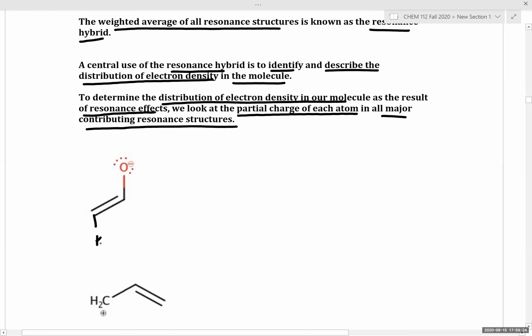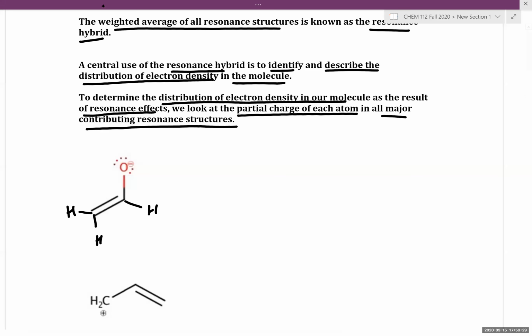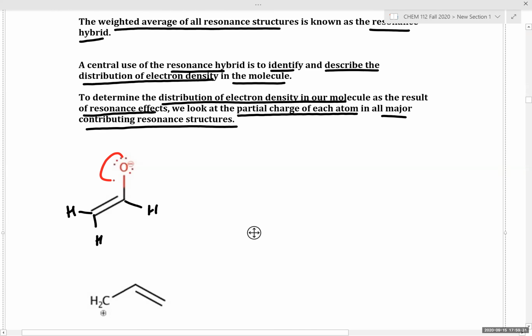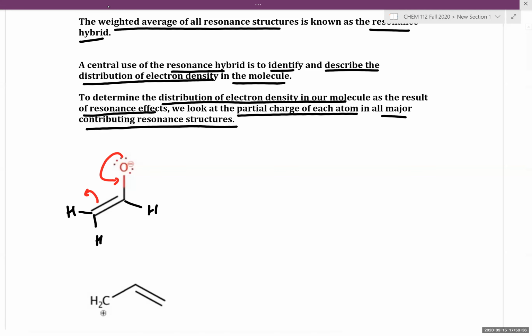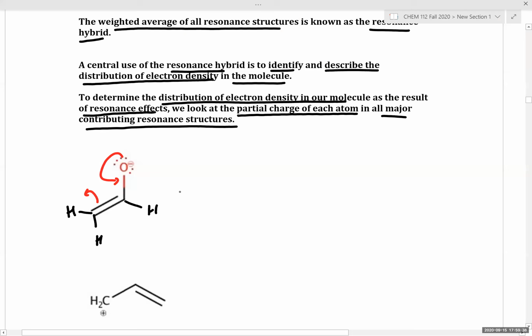So for example, in this first structure here, we can draw a resonance structure by kicking our lone pair down and in turn moving our lone pair onto the carbon. That in turn would generate the following resonance structure. This is known as an enolate resonance structure. What makes it an enolate?